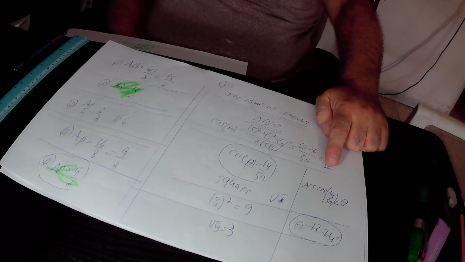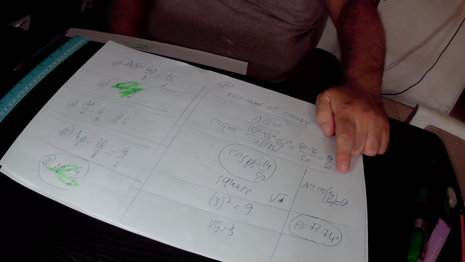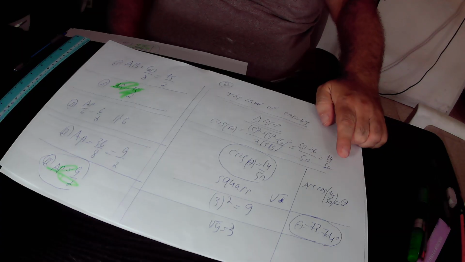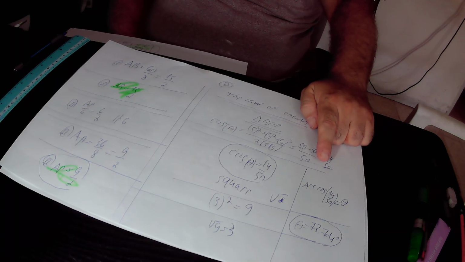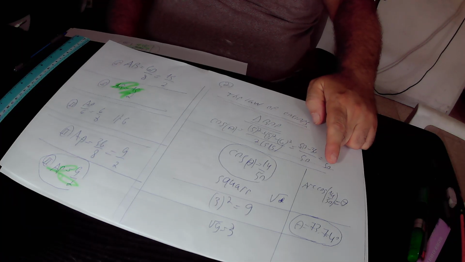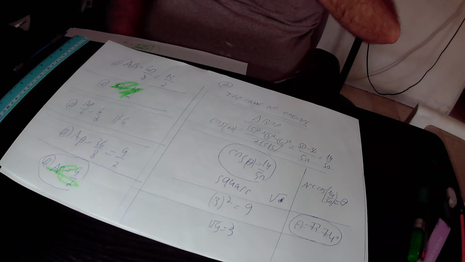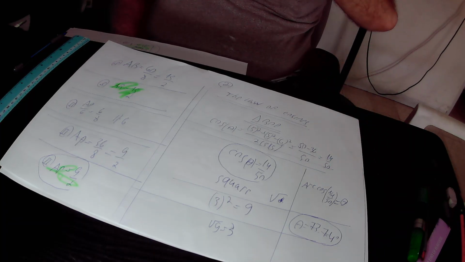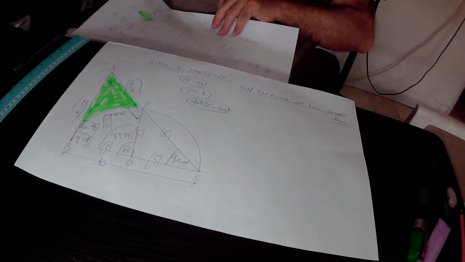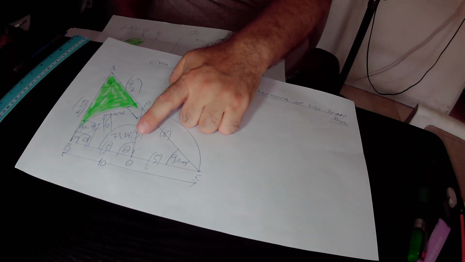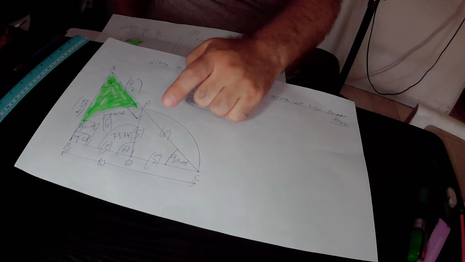So arccosine of 14 over 50 equals theta. Therefore, theta equals 73.74 degrees in size.